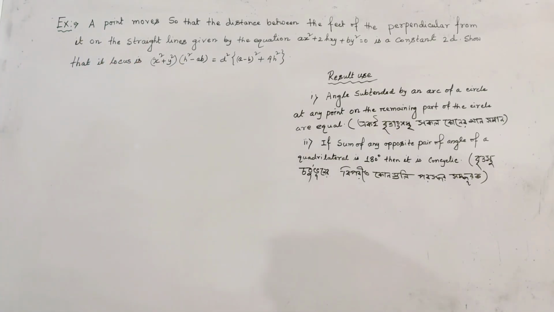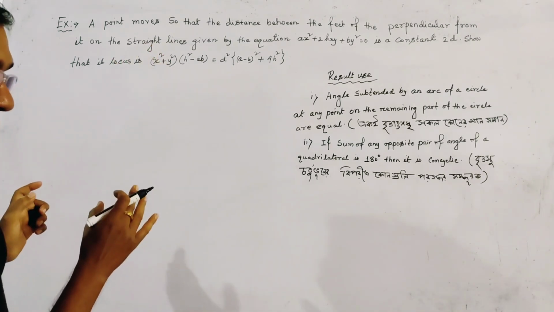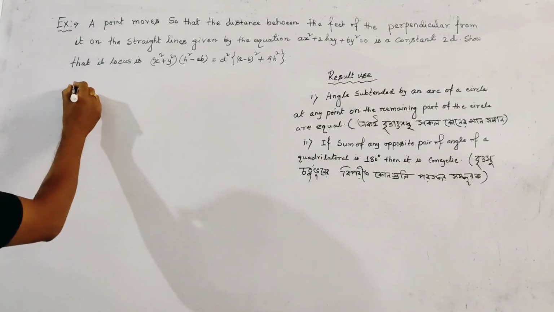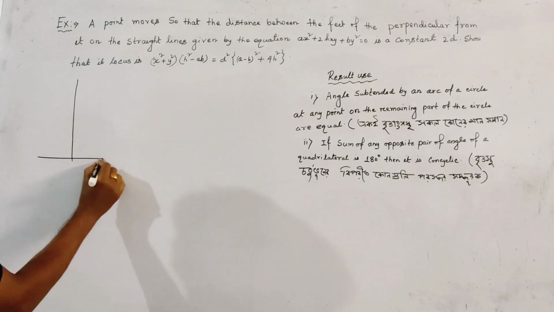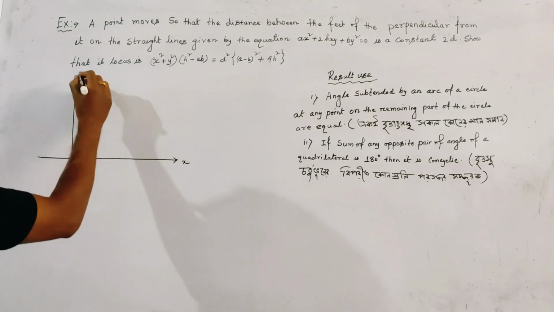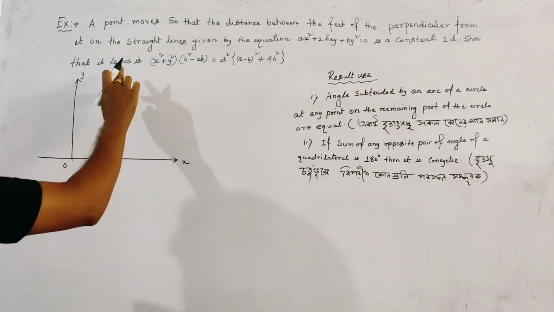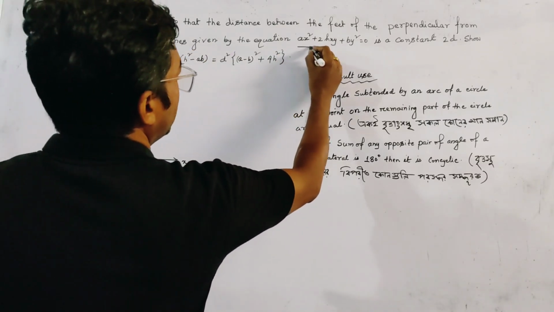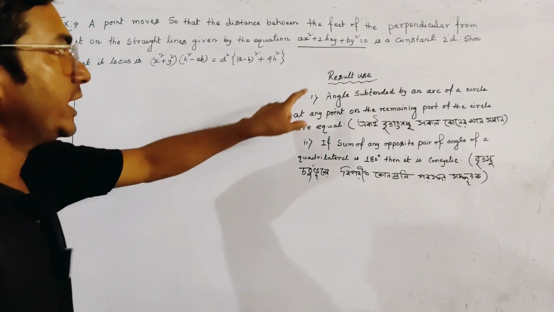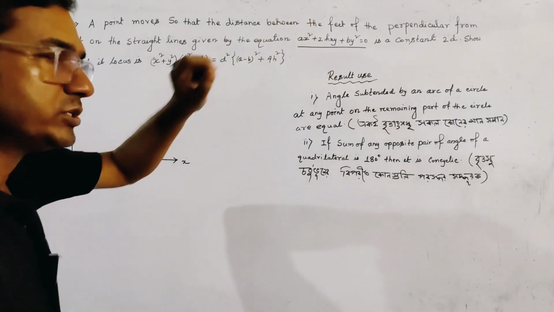Okay. So here it is given that a point in the xy plane moves in such a way. We draw a rough sketch of the given problem. This is the x-axis, this is the y-axis and this is the origin. We first draw the straight line given by the equation ax square plus 2hxy plus by square equal to 0, and we know that this represents a pair of straight lines passing through the origin.